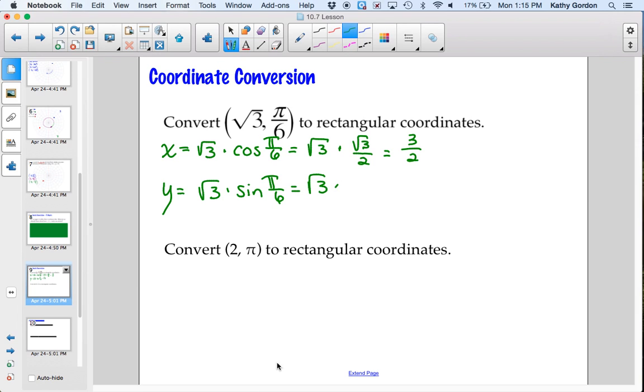What is the sine of pi over 6? So the actual ordered pair in rectangular coordinates is 3 over 2, square root of 3 over 2.